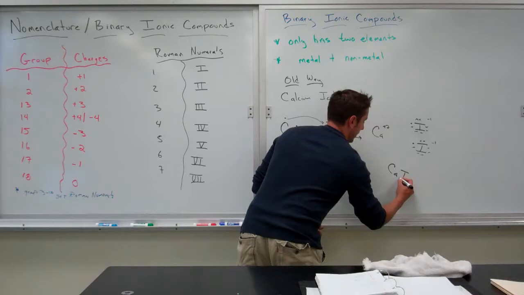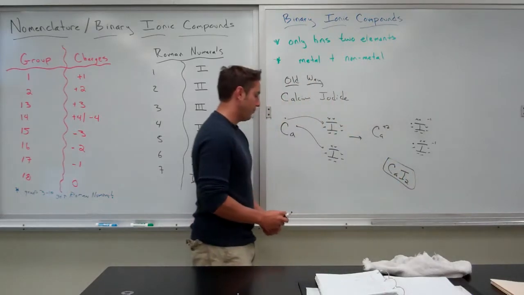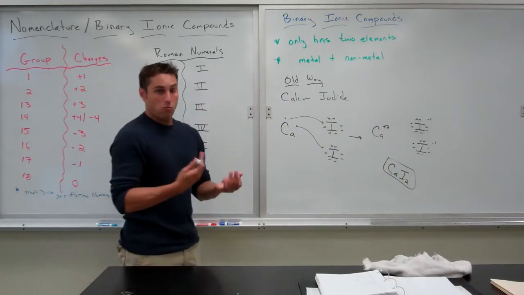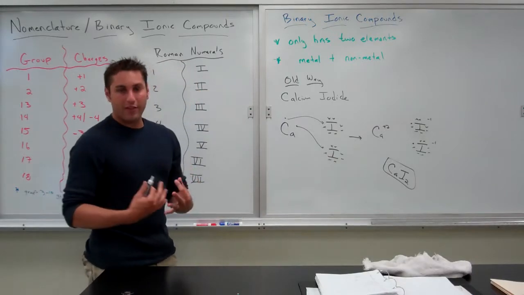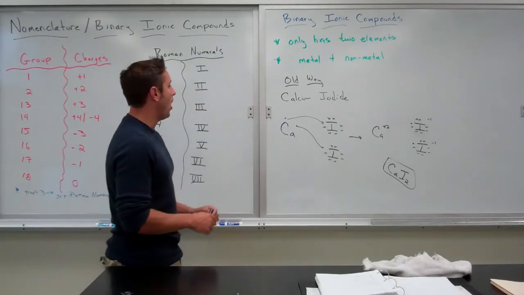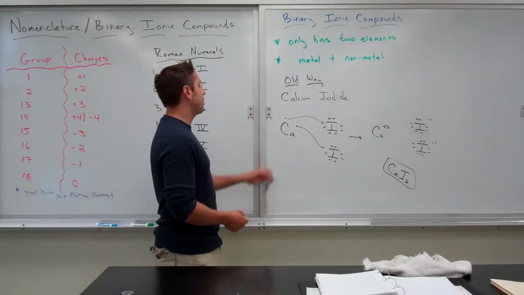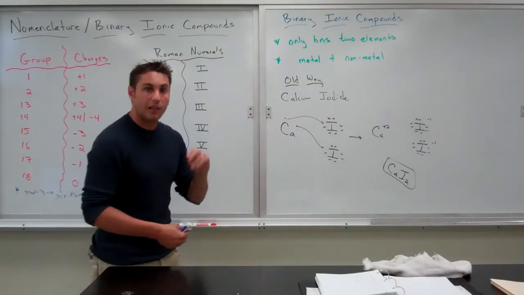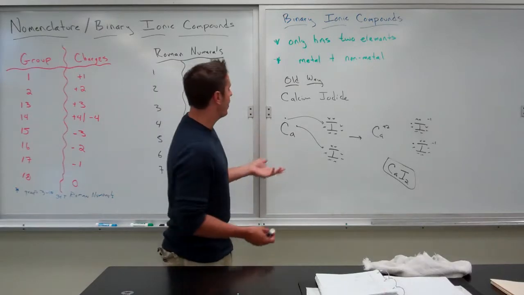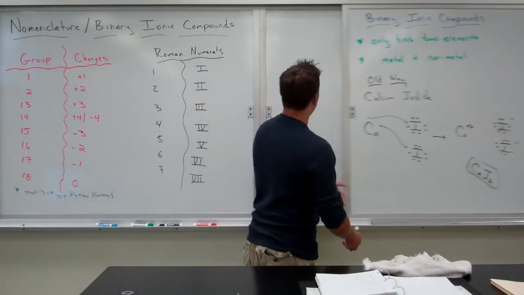Its formula would be CaI2. Right? And that's effective, but it's rather cumbersome in terms of the drawn-out process. It would be nice if there was a faster way of going from the name of something to its formula. And the good news is that there is a way of doing that real quick.